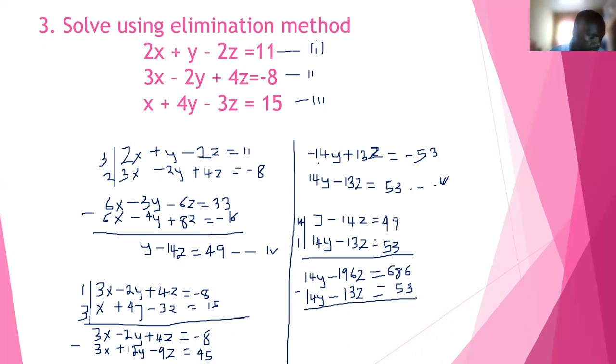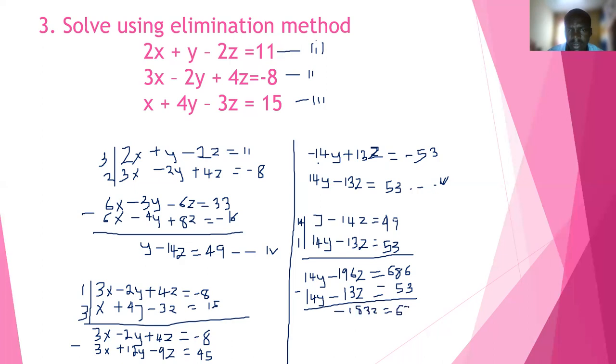We have negative 196 minus 13, we get negative 183z, is equal to 686 minus 53, we get 693.